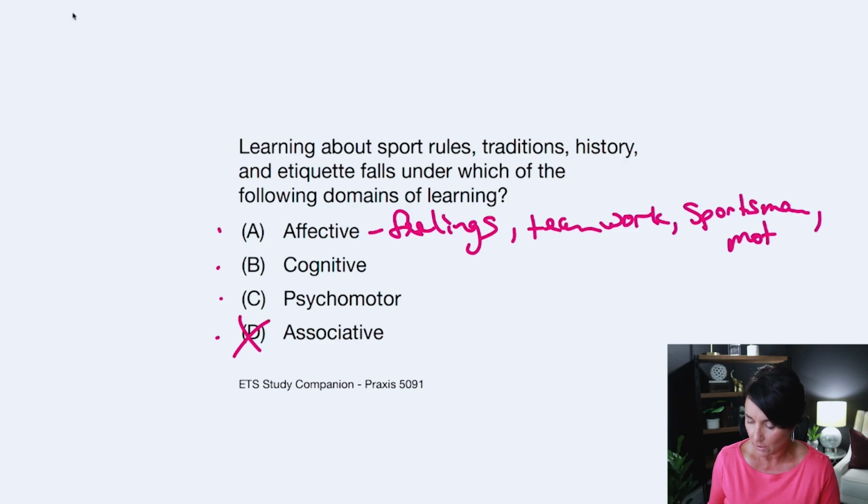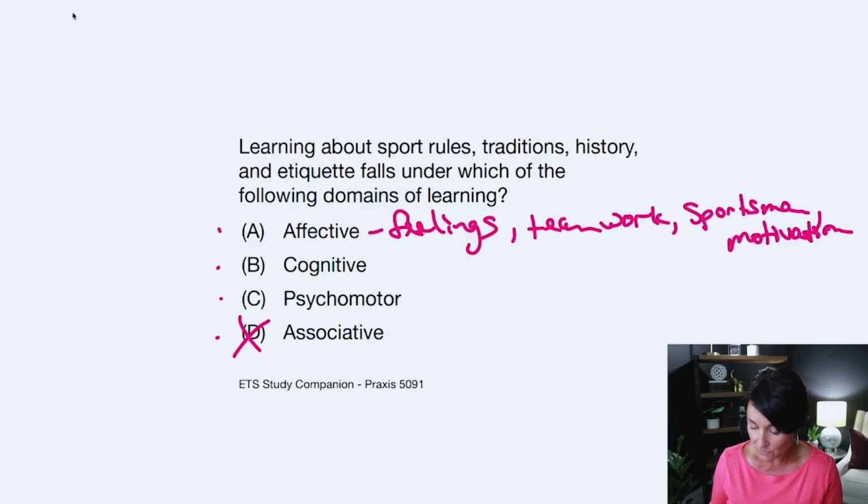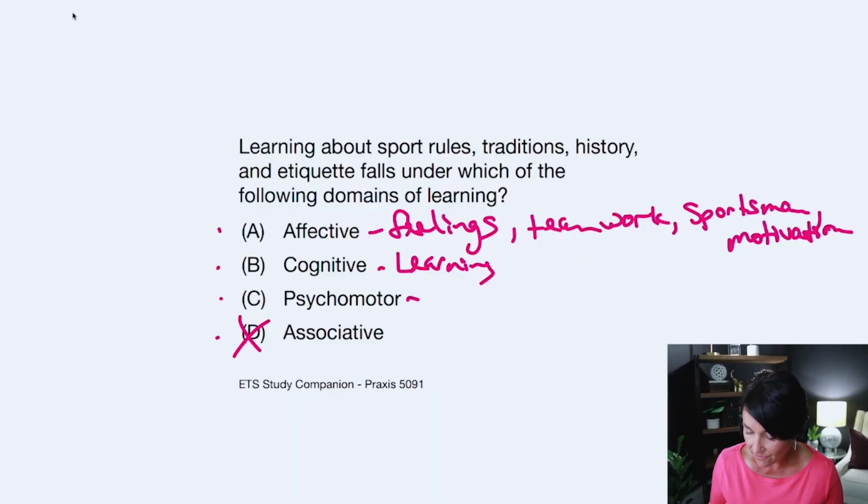Let's do motivation here. That's the affective domain. Think about feelings, self-esteem, stuff like that. The cognitive domain is all about learning, right? Understanding the rules, learning the game, understanding how the movements kind of work together, that type of thing. And then psychomotor is the physical.